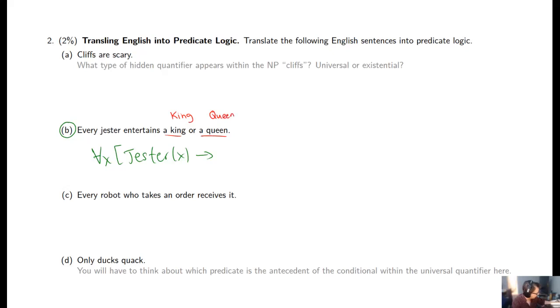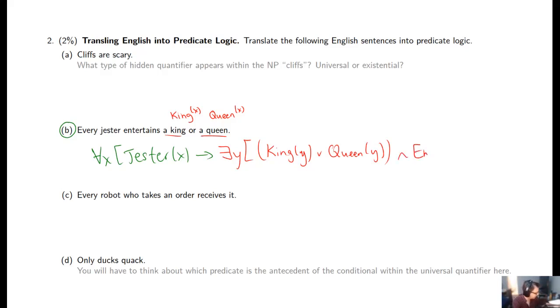So these are sort of like intransitive verbs, like king X or queen X. But these also have to be bound by something new. So we have to say, in particular, a king or a queen. So we need to use a new existential, like exists a y, that we can bind these new predicates with. So we can say there exists a y such that y is a king, or y is a queen.